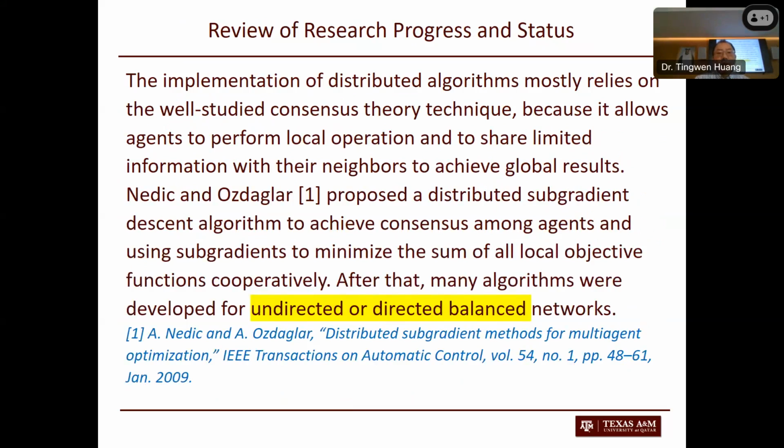The implementation of distributed algorithms mostly relies on the well-studied consensus theory techniques because it allows agents to perform local operations and to share limited information with their neighbors to achieve global results. Nedic and Ozdaglar proposed a distributed subgradient descent algorithm to achieve consensus among agents and use subgradients to minimize the sum of all local objective functions collaboratively.